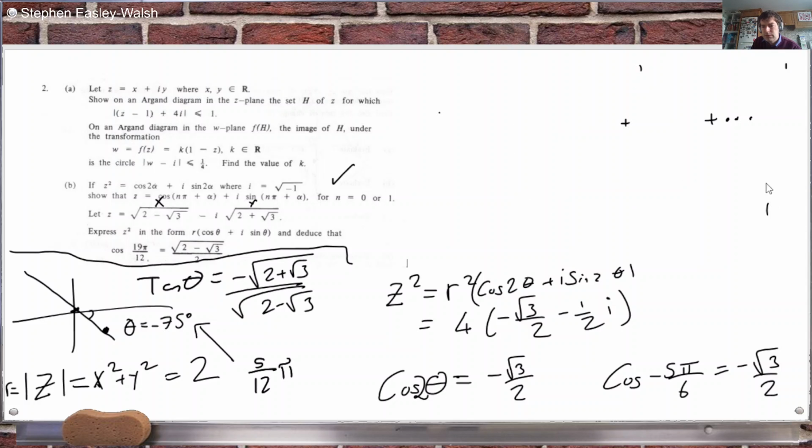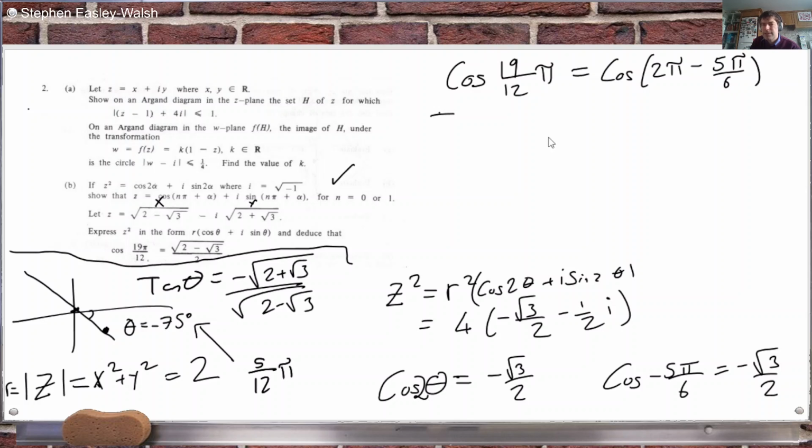So let's have a look here. Cos 19 over 12 pi is equal to cos of 2 pi minus 5 pi over 6.